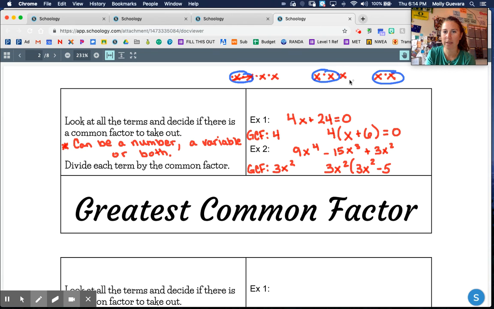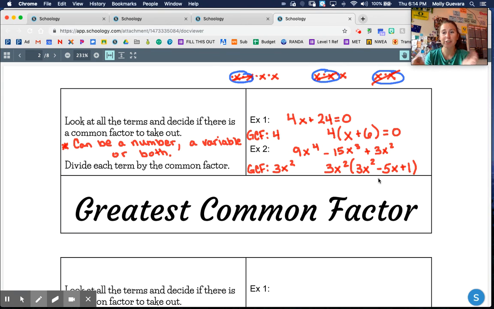I had 3 x's, but I took out 2, so I'm left with 1. And then 3 divided by 3 is 1, plus 1. And then I had 2 x's and I took them out, so I have no x's left. You have to make sure you have that 1. If I start with 3 terms, inside my parentheses, it still needs 3 terms. And that's it. That's as far as we're going, okay?